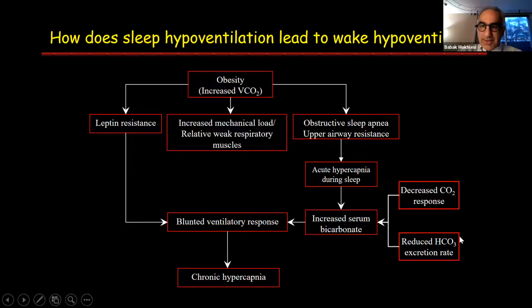The other thing that's interesting about these individuals is this concept that was proposed by David Rapoport's group in New York, where they talked about acute hypercapnia during sleep.